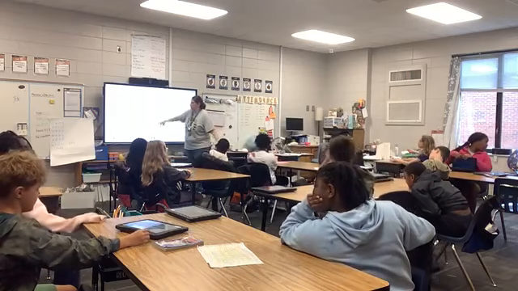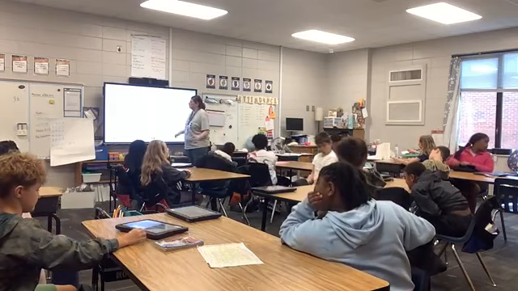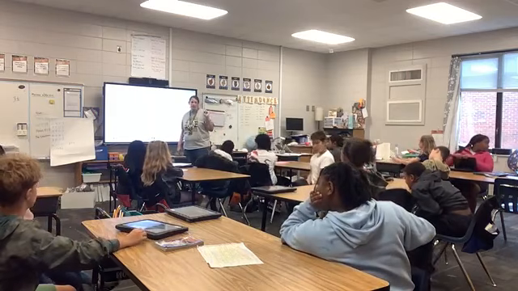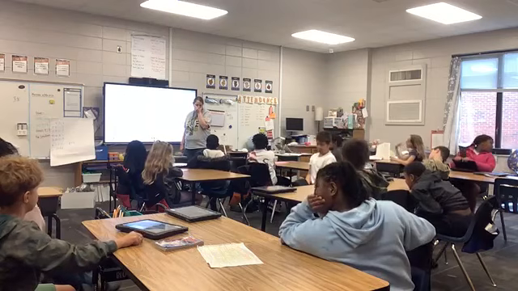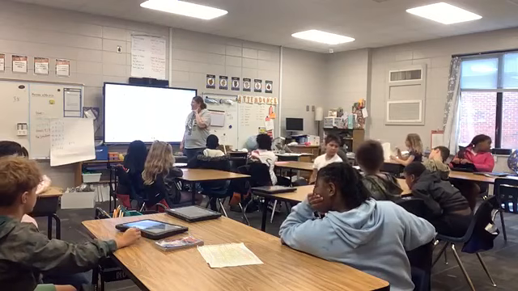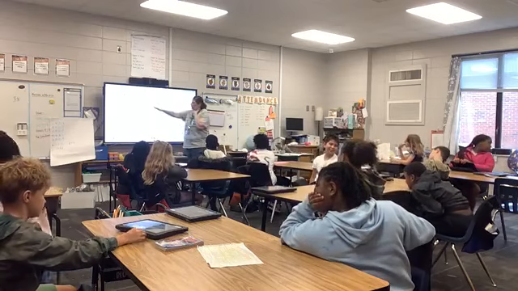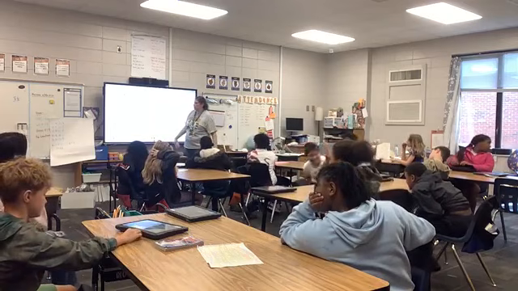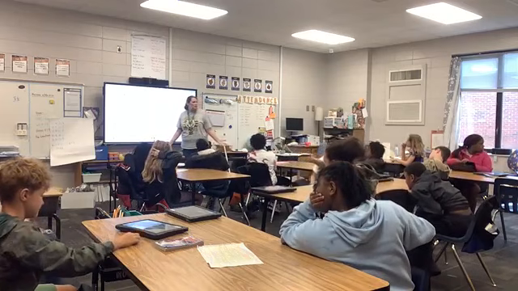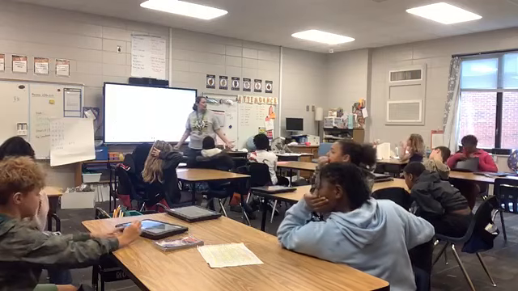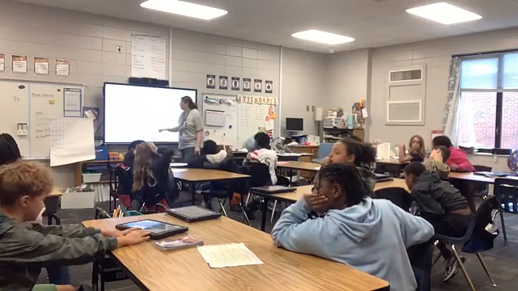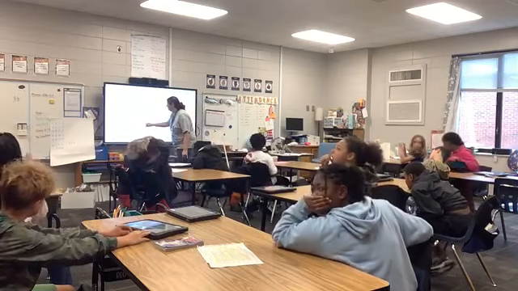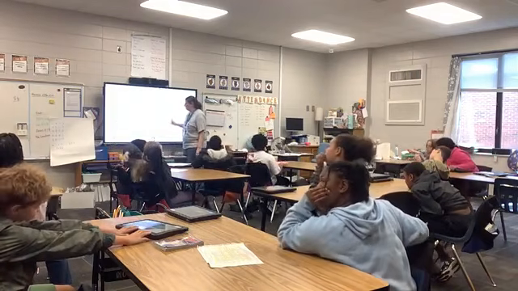So let's just pretend I could make what kind of graph for this? I could do a line plot, but do I really want to put 12 on a line plot? No, so let's make a bar graph. We've got to label our sides, all right?